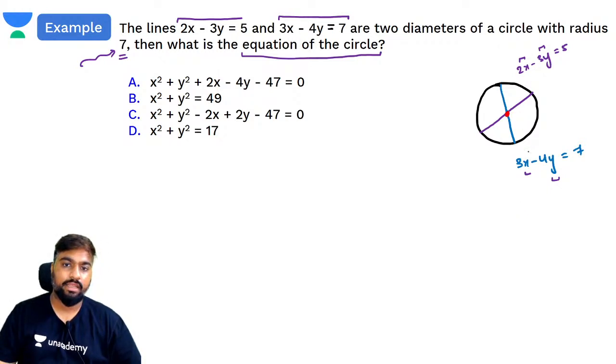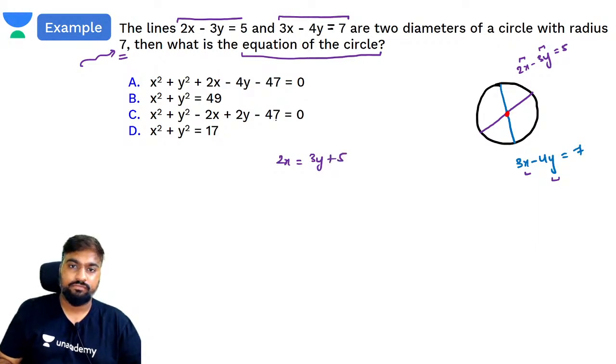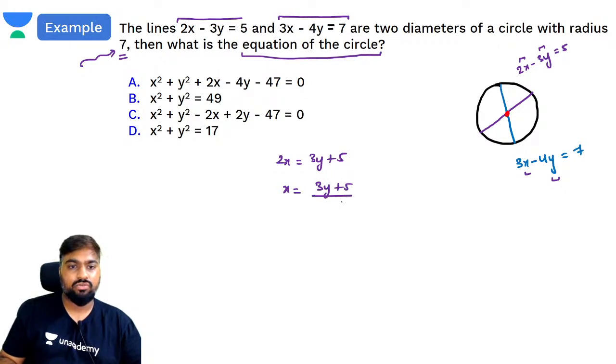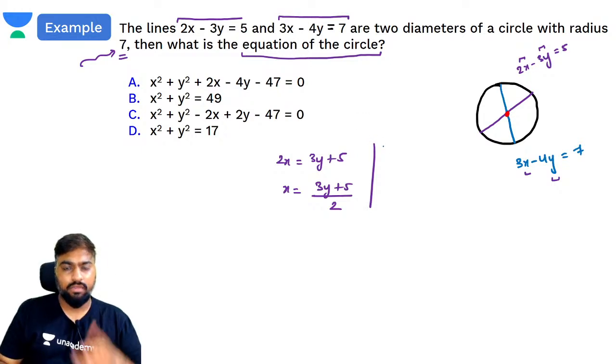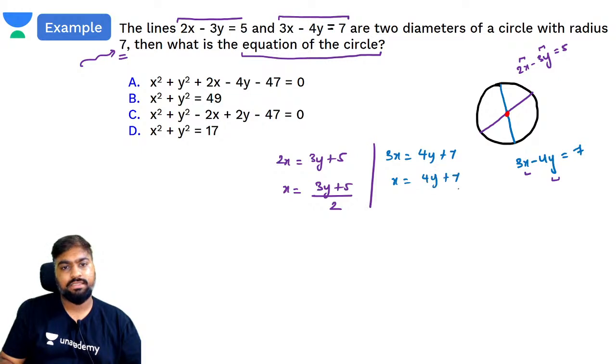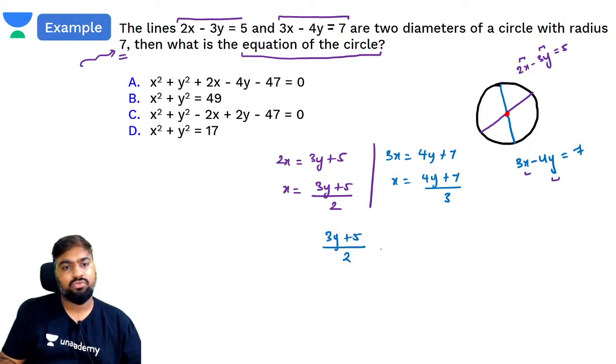So you can write 2x is equal to 3y plus 5, and x is equal to (3y plus 5)/2. Similarly, for the other line, 3x is equal to 4y plus 7, x is equal to (4y plus 7)/3. Equate both because the x coordinates should be equal on both sides. So (3y plus 5)/2 is equal to (4y plus 7)/3.